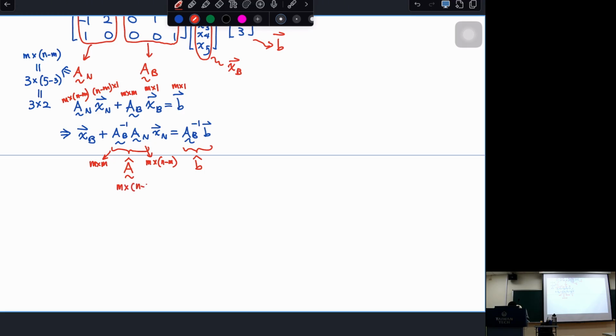Here is m by 1. So b hat is m by 1. Okay, so A hat is a matrix m by n minus m. B hat is a vector m by 1.